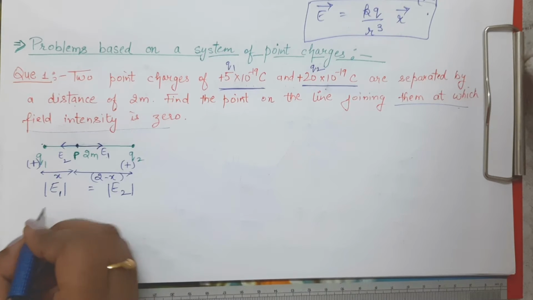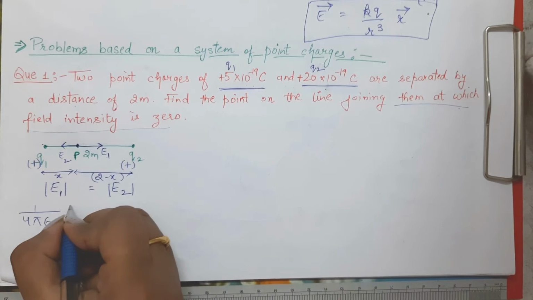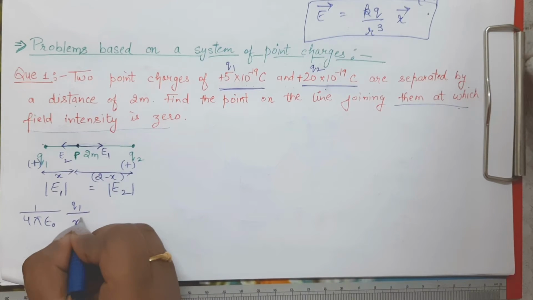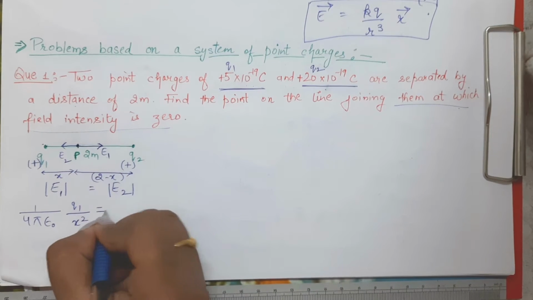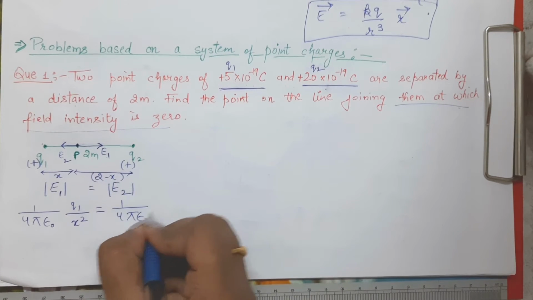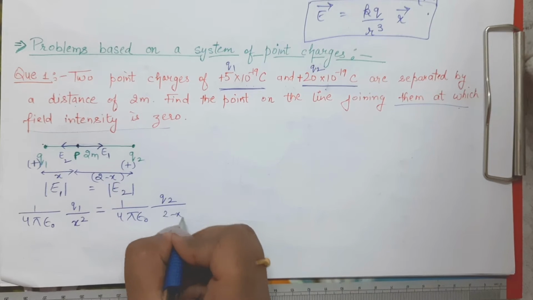So now E1 will be 1 by 4 pi epsilon naught Q1 by x square, and that should be equal to E2, which is 1 by 4 pi epsilon naught Q2 by 2 minus x whole square.